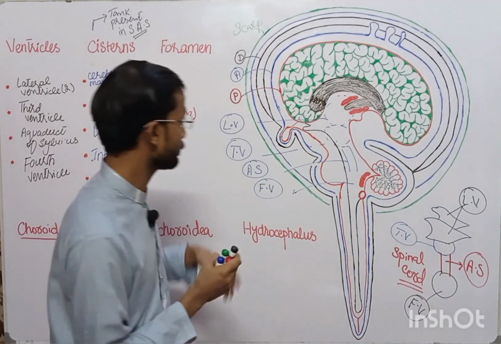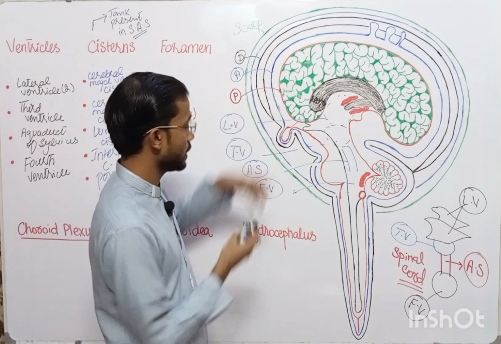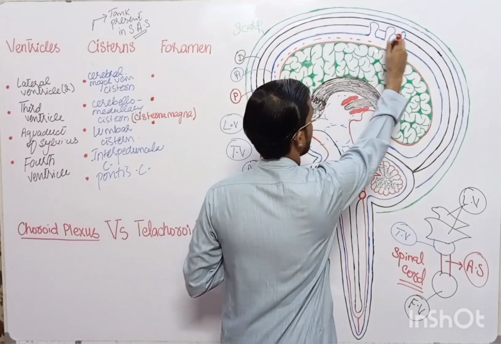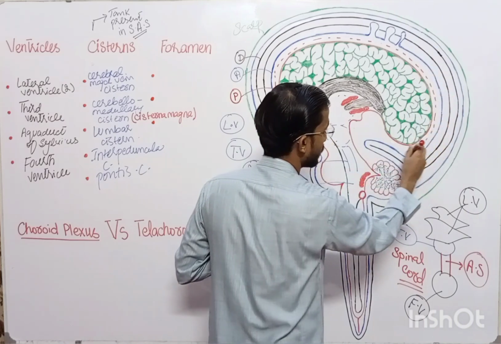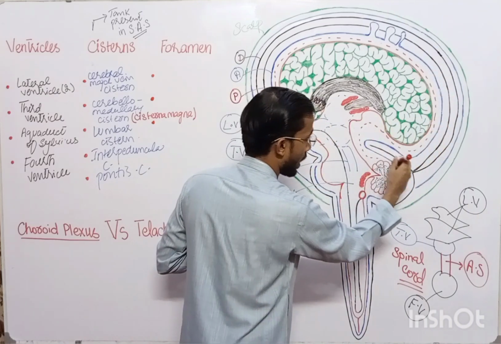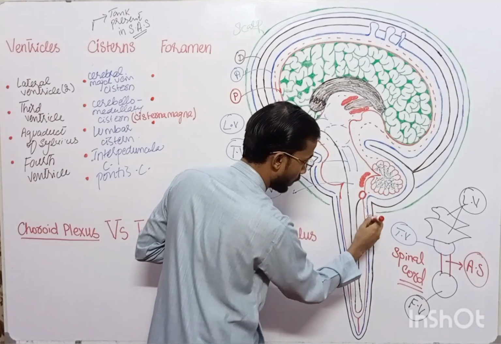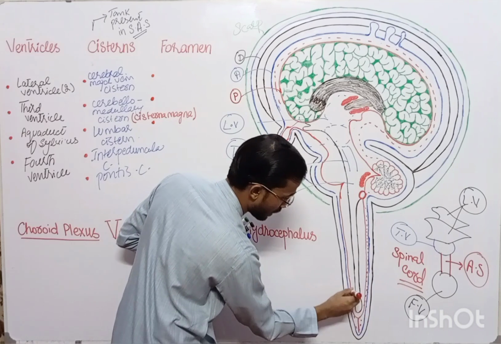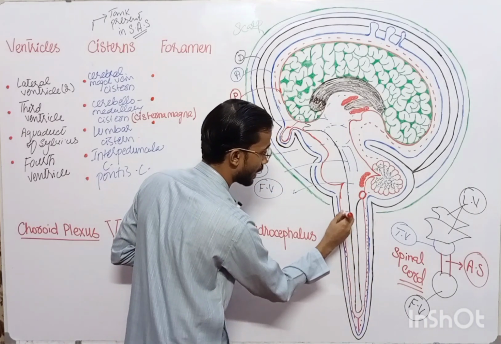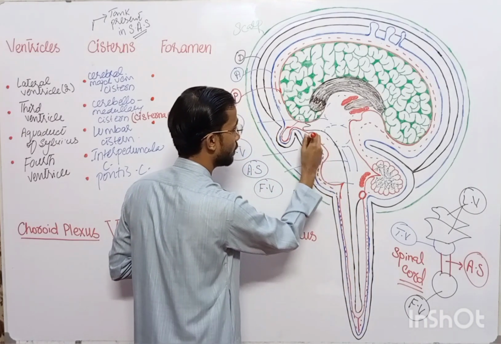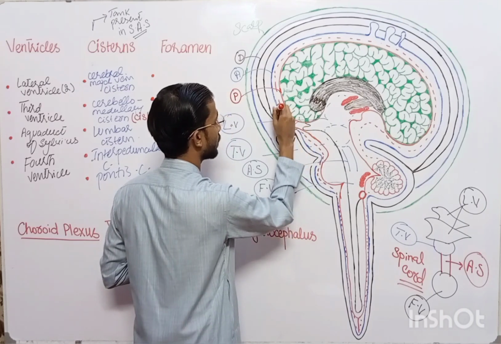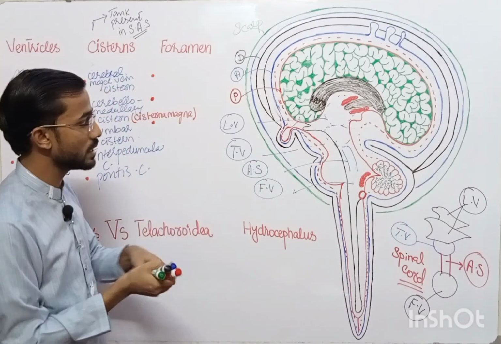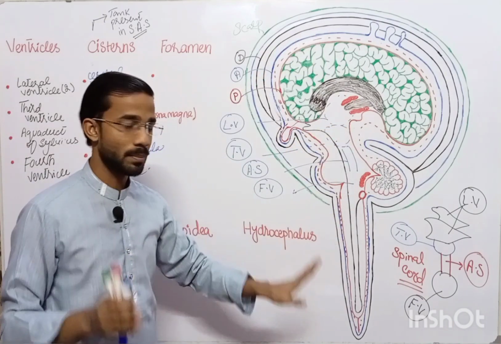Here you can see this space is the subarachnoid space. This is the subarachnoid space which is present in the brain, and it will move towards the spinal cord. So cerebrospinal fluid is present in this space, and this is the flow of the cerebrospinal fluid.